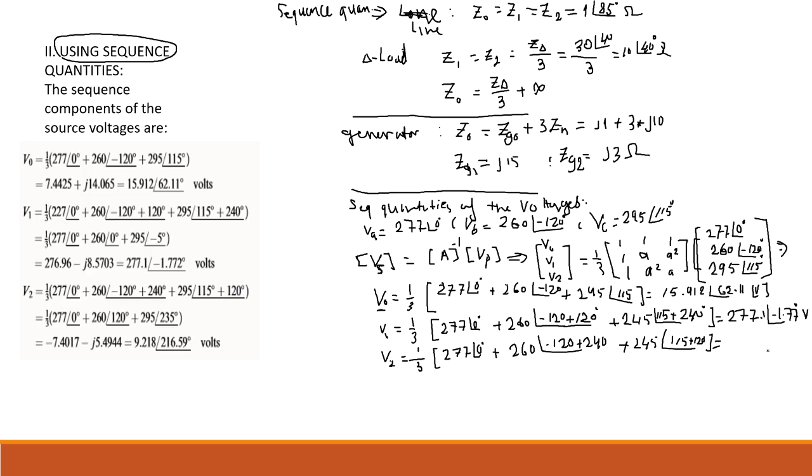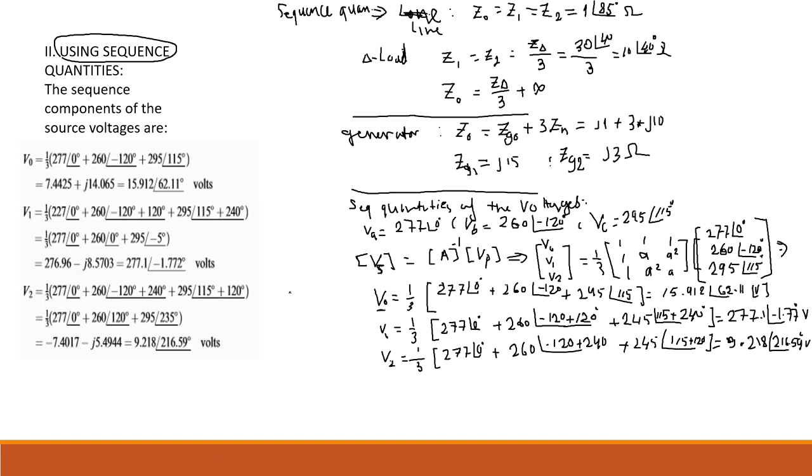So V2 equals 9.218 with an angle of 216.59 volts.